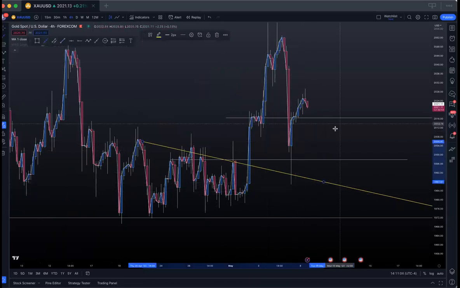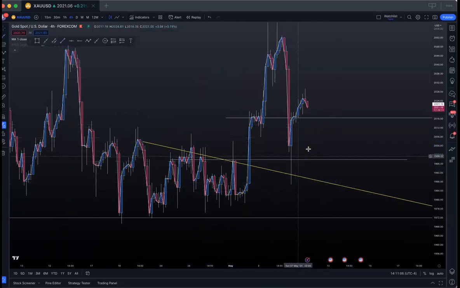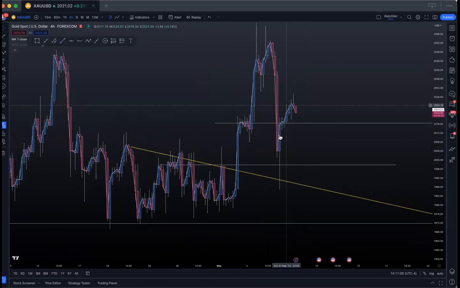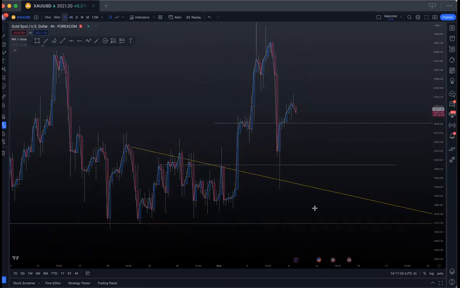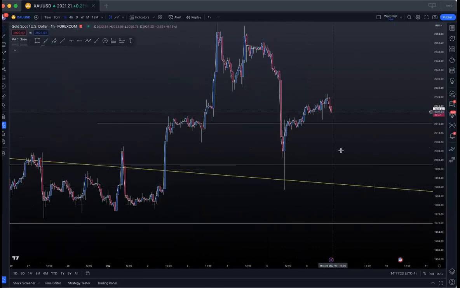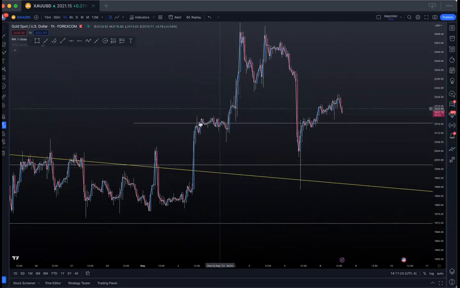I got in at the bottom. I'm still in those buys. I actually have to check my phone real quick because now it's selling. Yeah, I have to exit my positions, but I expect price to come down.